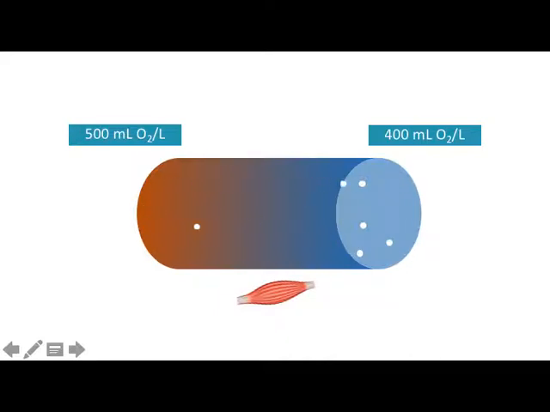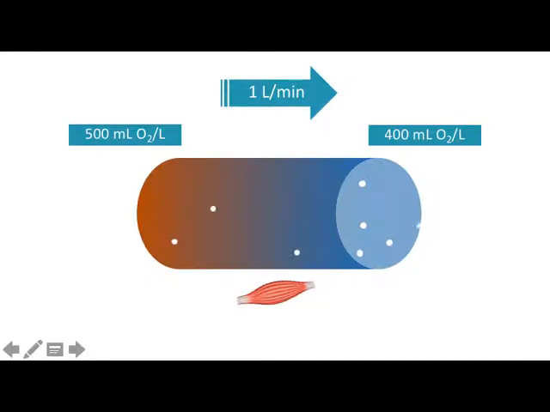And I'm going to say arbitrarily that the speed of these dots moving through this compartment is 1 liter per minute. So you can even intuit there's a difference here of 100 mils of oxygen. If that happens once every minute, the muscle's taking out 100 mils of oxygen every minute.